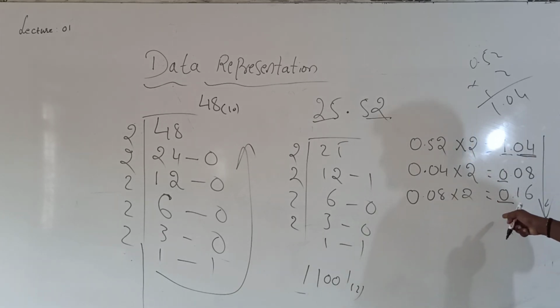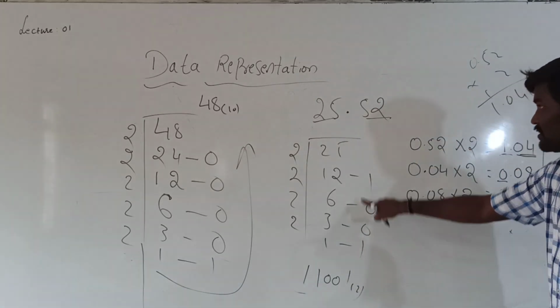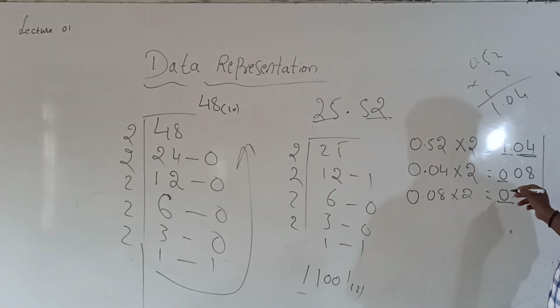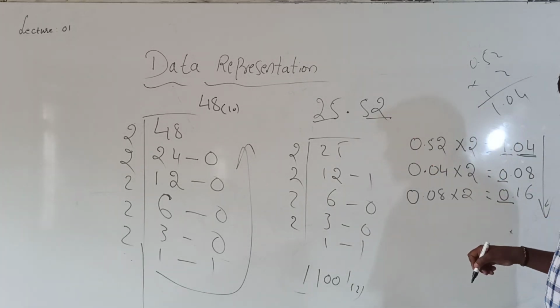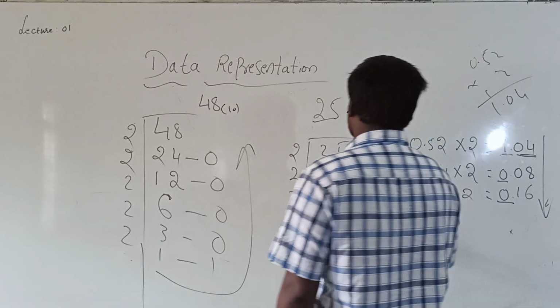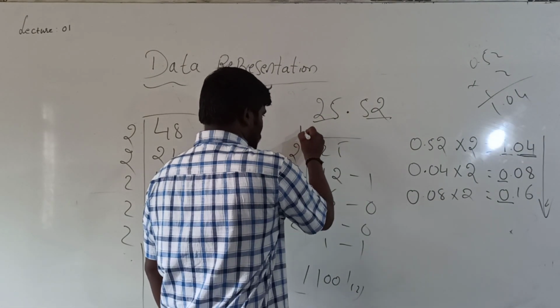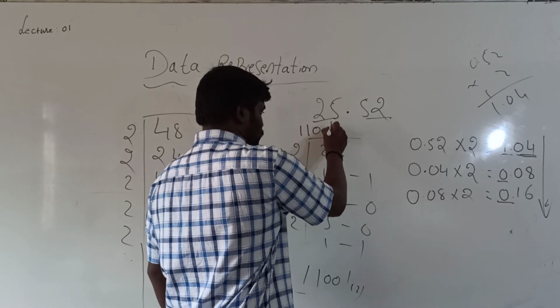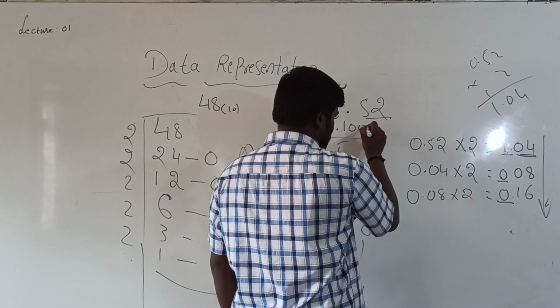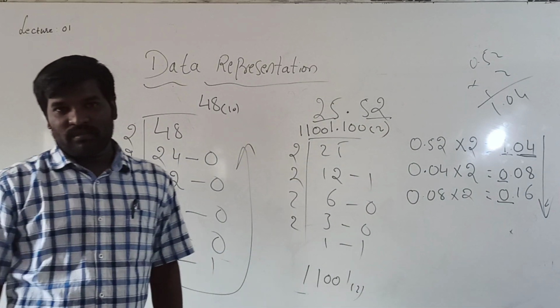These numbers are mentioned in the place of .52. It is not in the reverse order. First 1, next 0, next 0. The final answer: 25.52 is 11001.100 to the base 2.